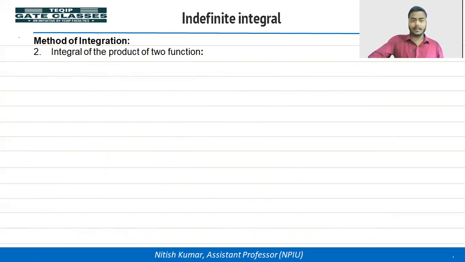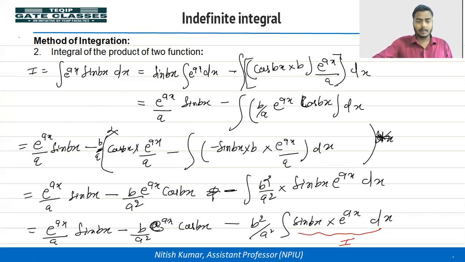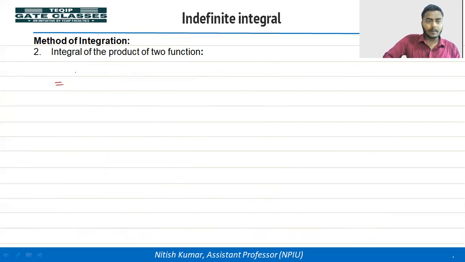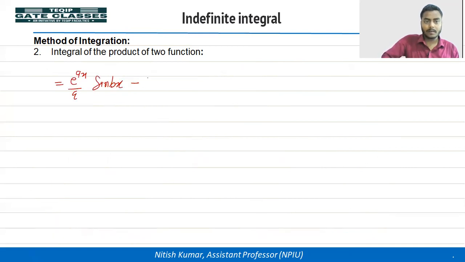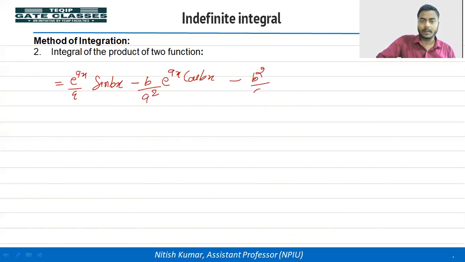So what we can write here: e to the power ax divided by a sin bx minus b by a square e to the power ax cos bx minus b square by a square times I, and this is I equal to.